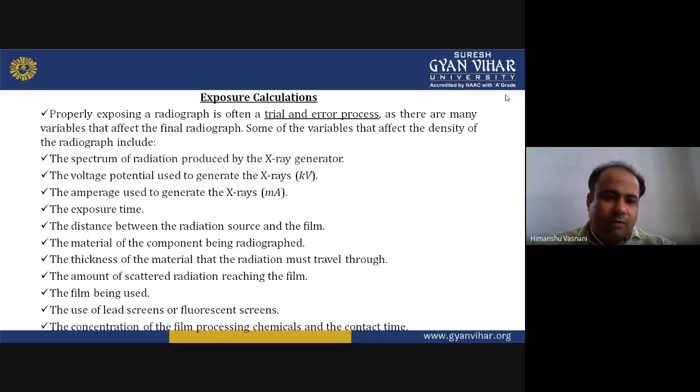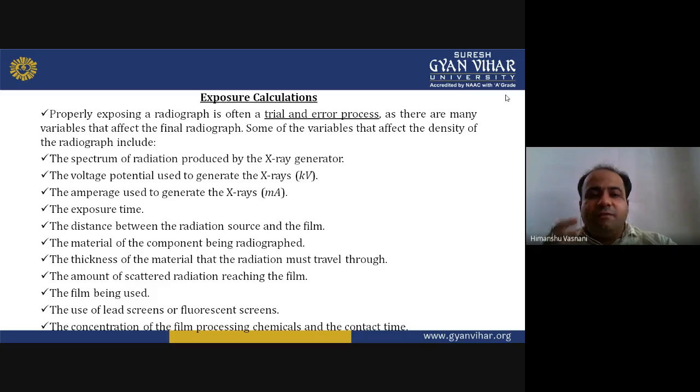We have studied about scattered radiation also. Then the films being used for this testing purpose, and the use of lead screens or fluorescent screens. We studied the application of both these screens. Then the concentration of the film processing chemicals, and the contact time.